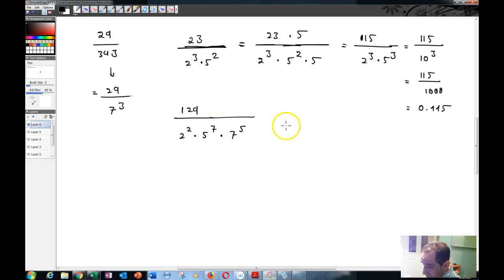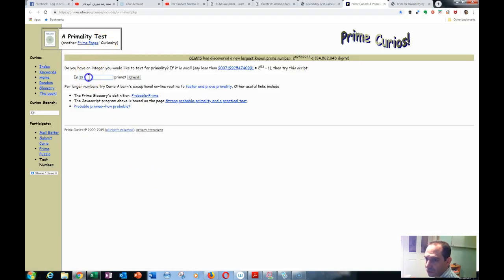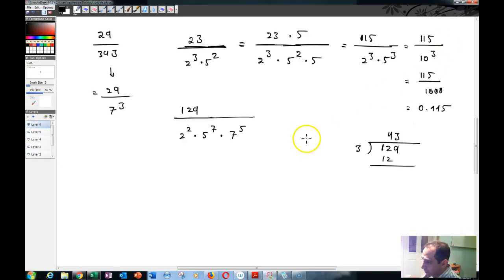Here you have 129, and I think this is divisible by 3. So 129 divided by 3, you will get 43. And 43 is divisible by nothing, I suppose. So 43 is, I think, a prime number.